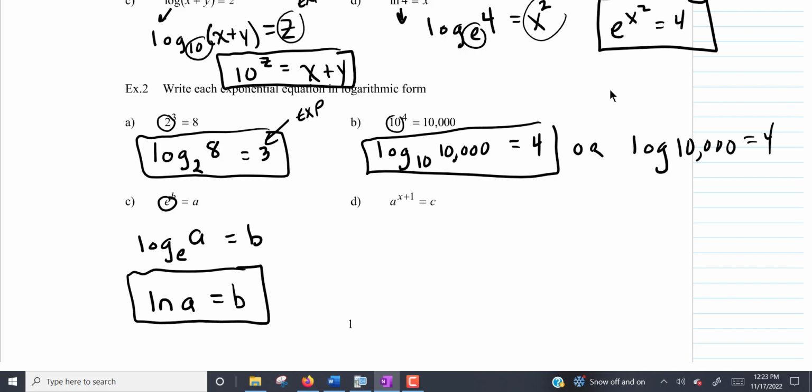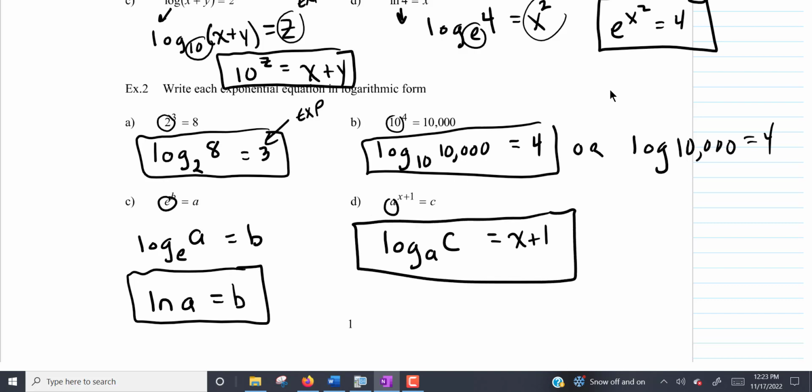Next one would go like this. You would say log base a. The exponent is what it's equal to, so it's equal to x plus 1, of c. Can't do an abbreviation on that. You just got to write that like that. So it's a matter of knowing where to put the numbers. You guys both okay with what I'm doing?